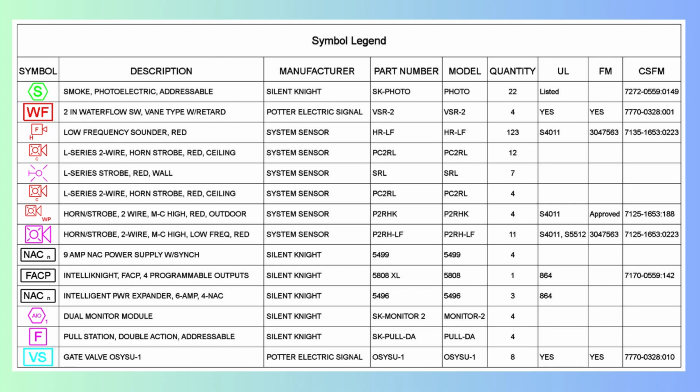Control panels, fire alarm control panel, rectangle labeled FACP, annunciators, ANN; circuits, initiating device circuit, IDC, and notification appliance circuit, NAC, lines; other, flow switches, pipeline icon, and tamper switches, valve symbol. The legend ensures consistent interpretation for installation and review.